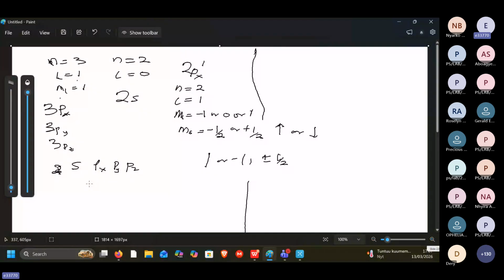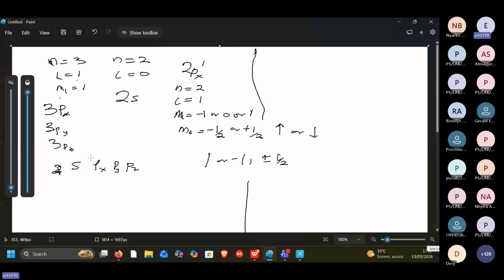Does it make sense? If these 2 electrons are going to be in the same orbital, then they have to be pointing in opposite directions. So they can't take more than 2, but the maximum 2 that they take should not be pointing the same direction. The spin should be in the opposite direction.